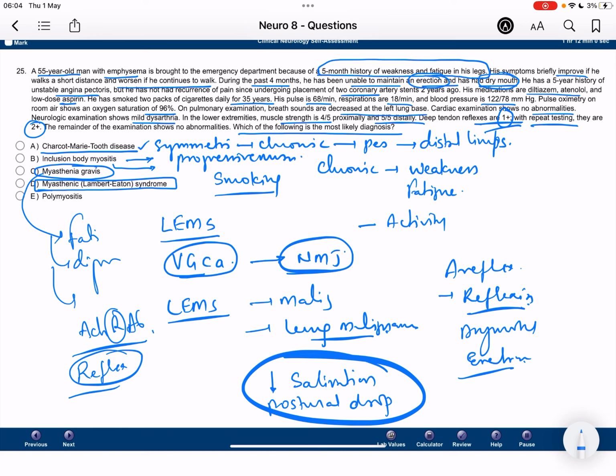Next, we talk about polymyositis. Polymyositis is also an inflammatory condition affecting the proximal muscles. It is usually seen in middle-aged women. Please make sure that whenever you think of polymyositis, it is usually because of the infiltration of endomysial CD8 positive inflammatory infiltrates.